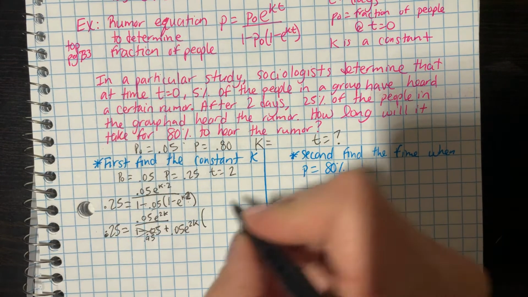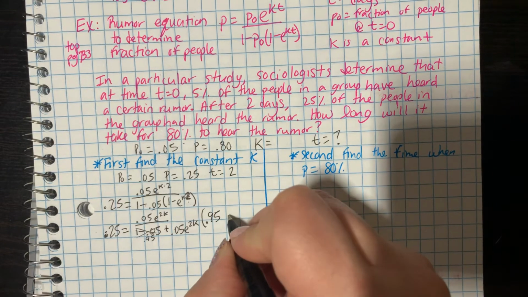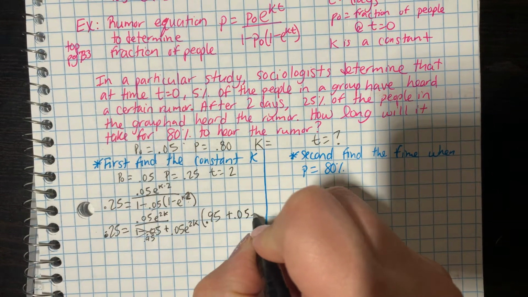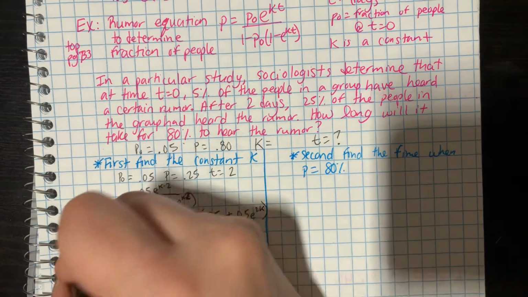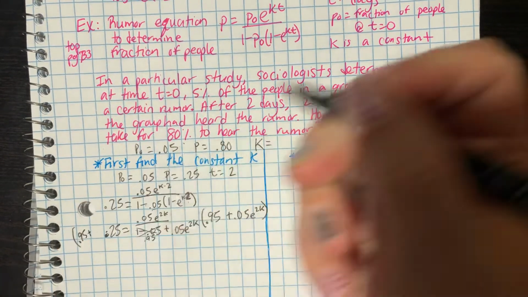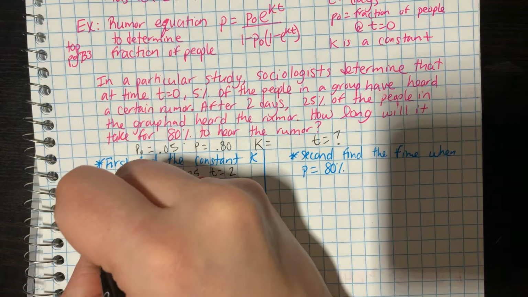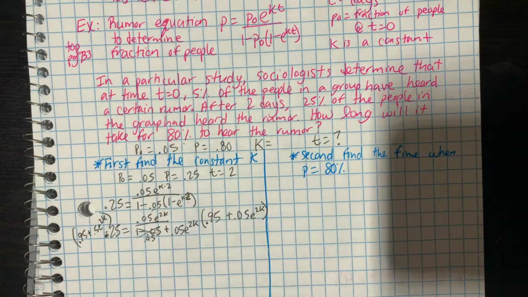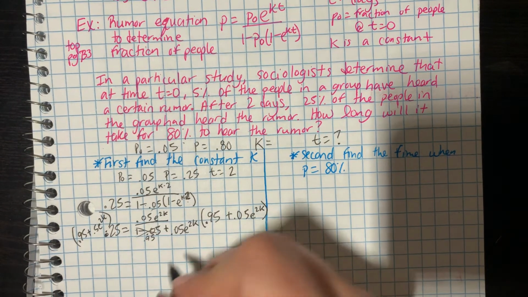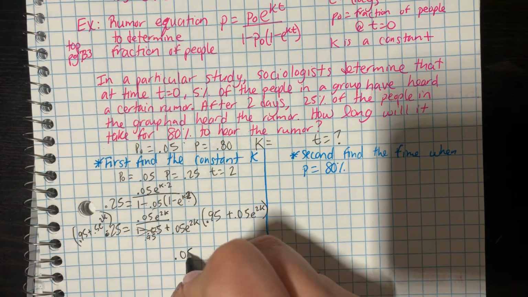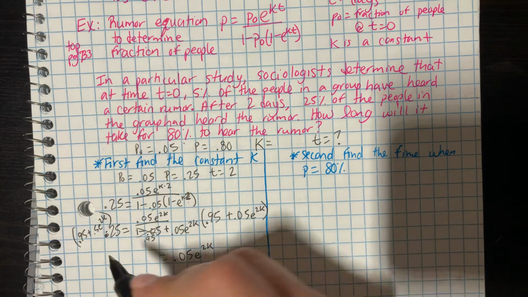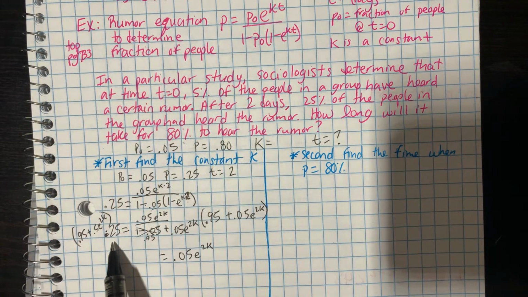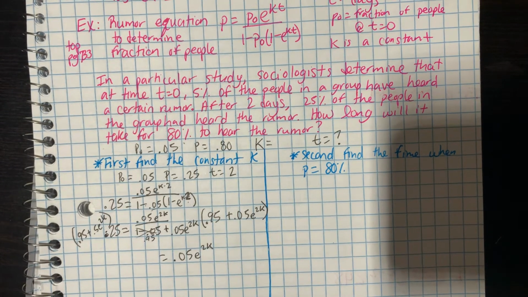So I'm going to multiply both sides of my equation by 0.95 plus 0.05 e to the 2k, so that we can solve for k. On this side, I'm going to have this times this 0.25.